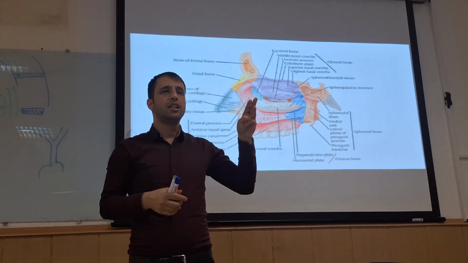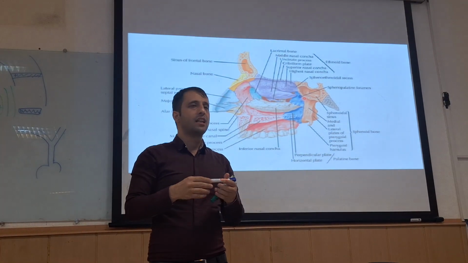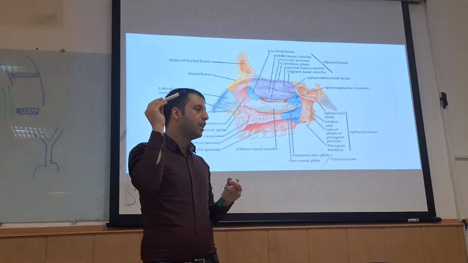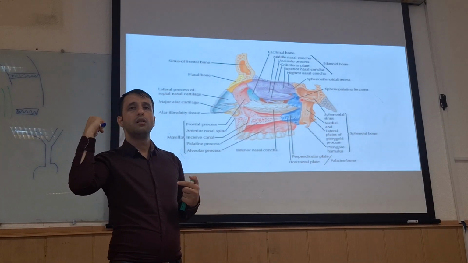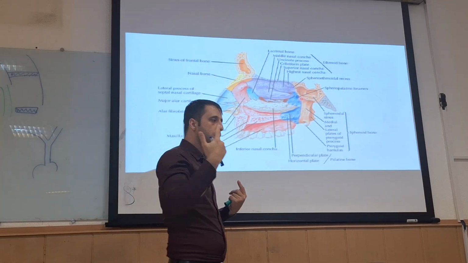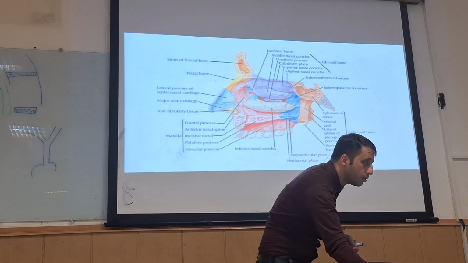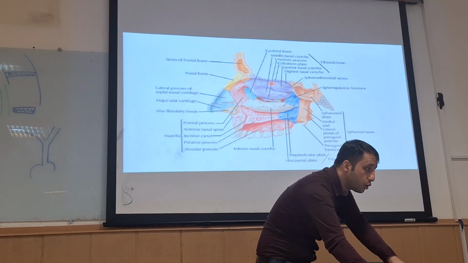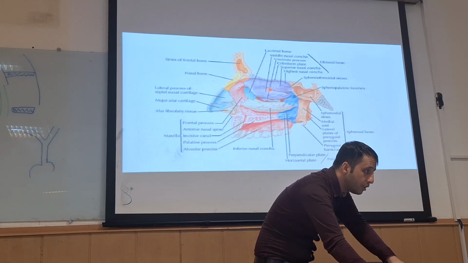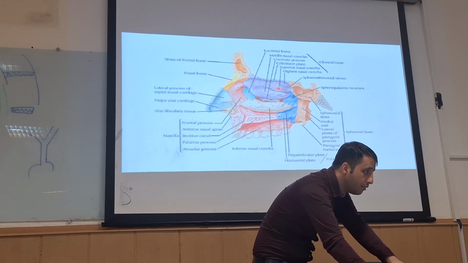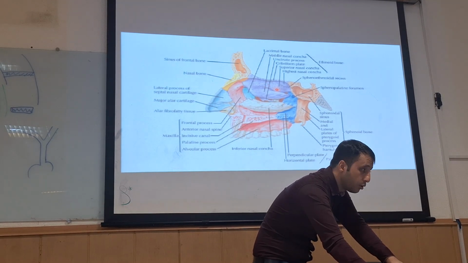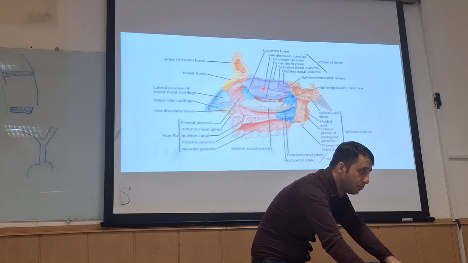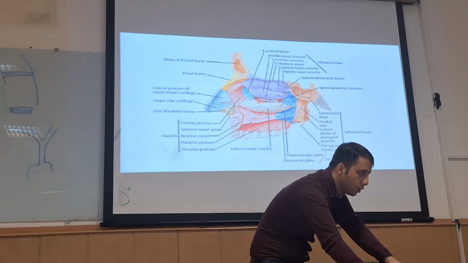The sphenopalatine nerve and artery travel through this foramen and arrive at the nasal meatus. Which meatus? Look at here. Middle one? No, superior. It is located at the superior meatus. Which concha is this? Superior concha. It is the superior meatus. It is the middle meatus.